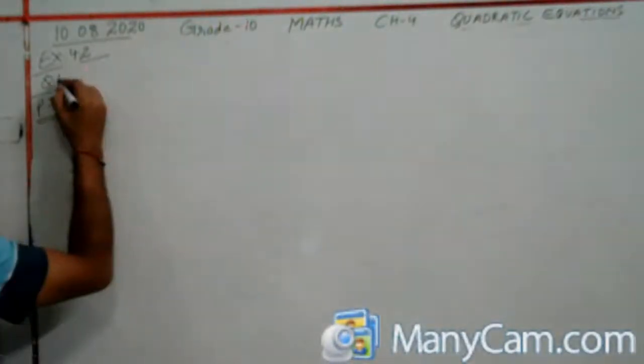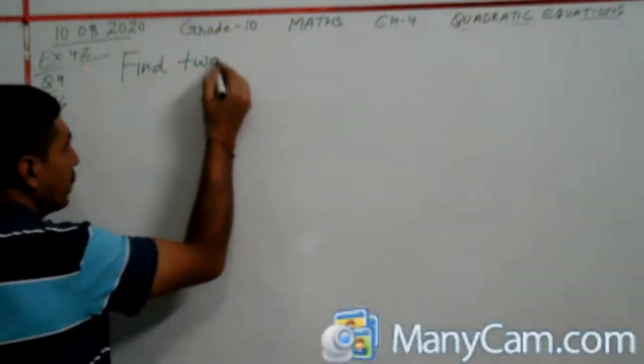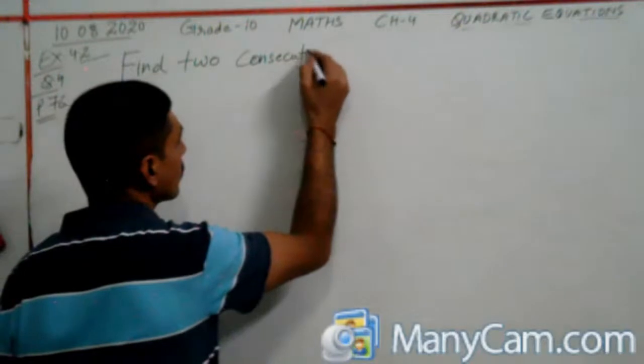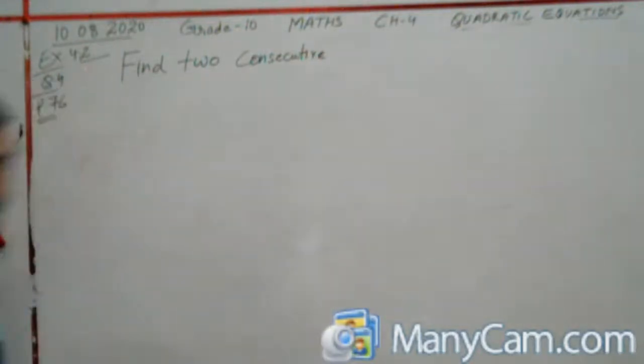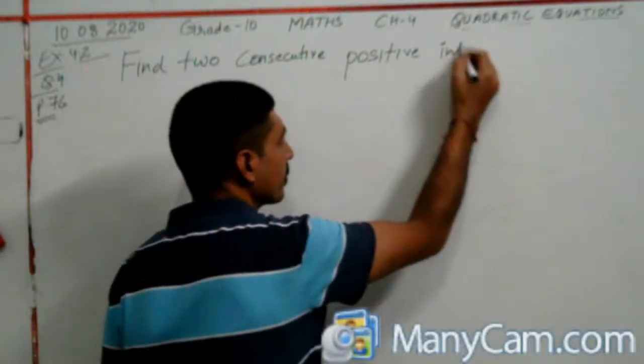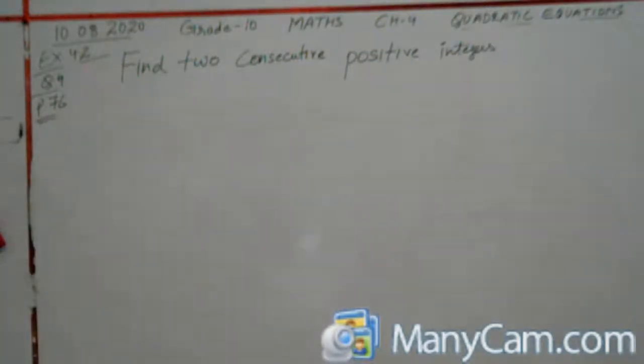The question number 4: find two consecutive positive integers, the sum of whose squares is 365.